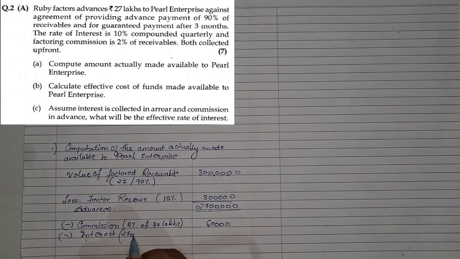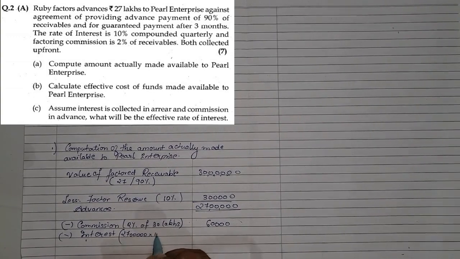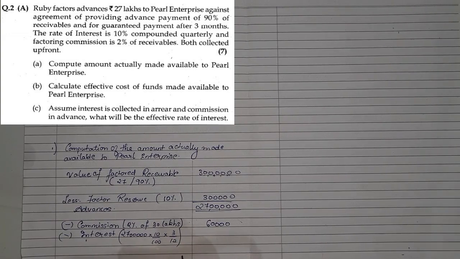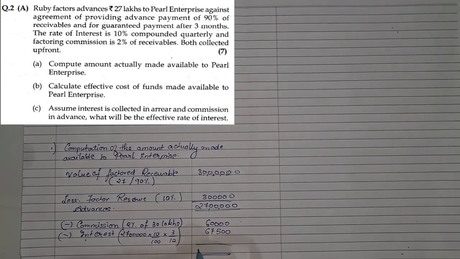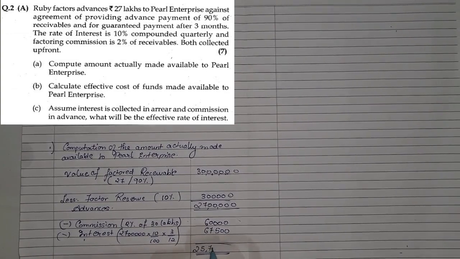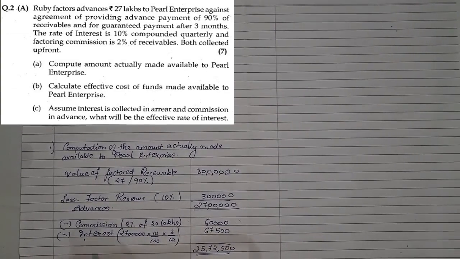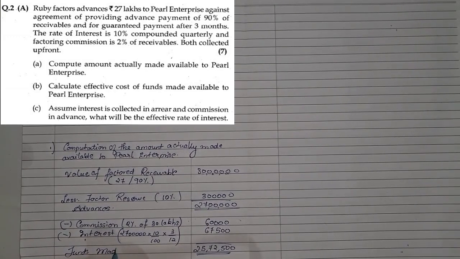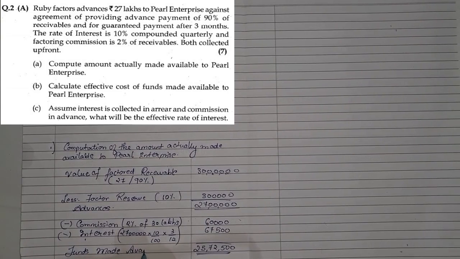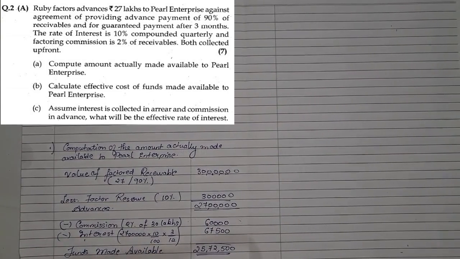So 27 lakhs into 10% into 3 divided by 12 for the 3 months period. When you solve it, you get 67,500. So 27,00,000 minus 60,000 minus 67,500 gives 25,72,500. This is nothing but the funds made available. That was the very first thing they asked us to find.